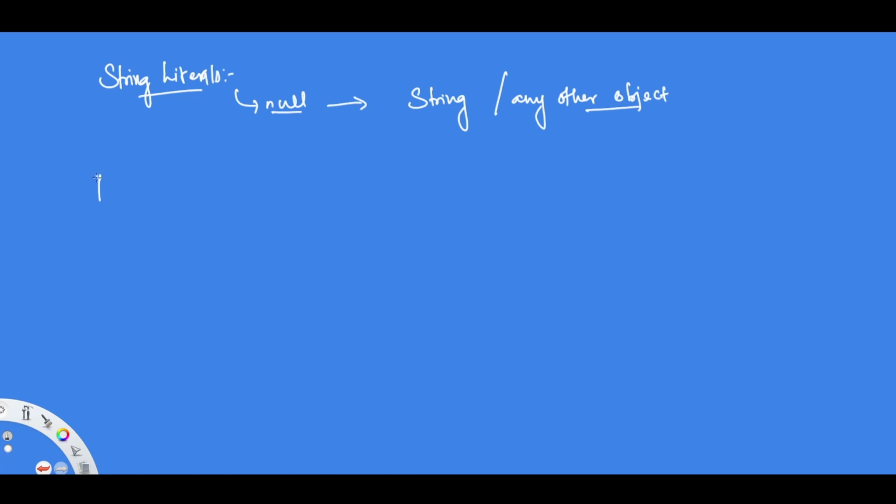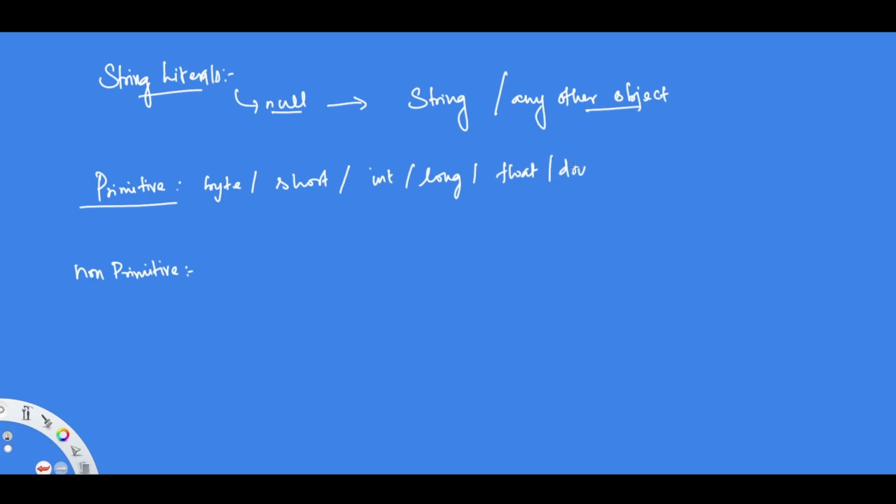We have two types of data type in Java. One is primitive, another one is non-primitive. The primitive types are byte, short, integer, long, float, double, character, boolean. The non-primitive is string.